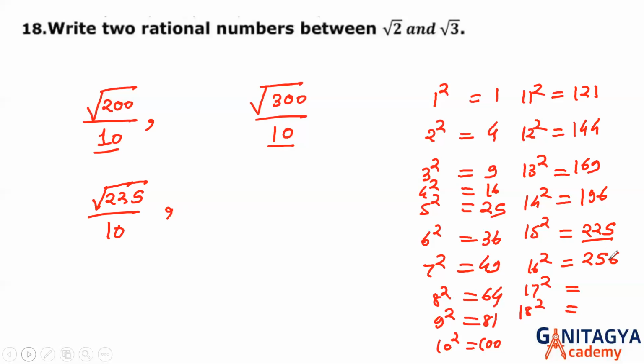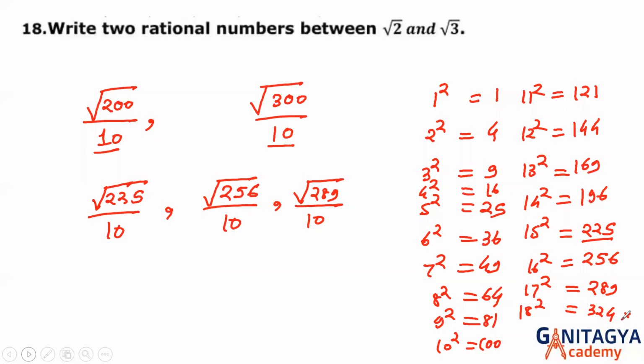So the next number I can write is under root 256 upon 10. And 17 square is 289, that is less than 300. Am I clear till now? So it started from under root 200, then we reached under root 225, then 256, then 17 square is 289, that is less than 300. So I can write under root 289 upon 10, and 18 square is more than 300, that is 324.